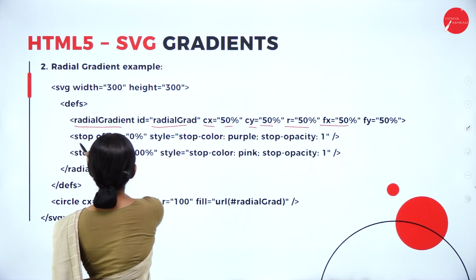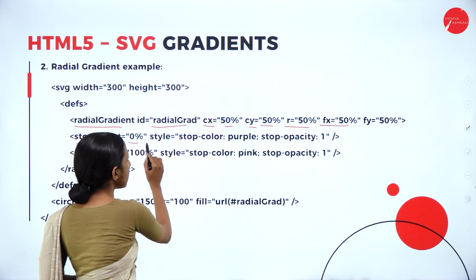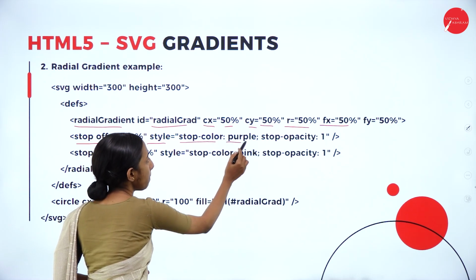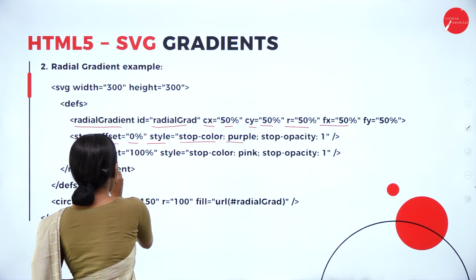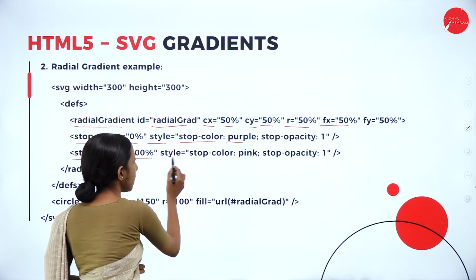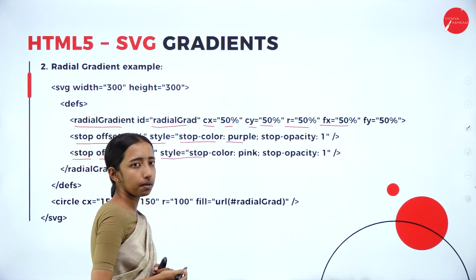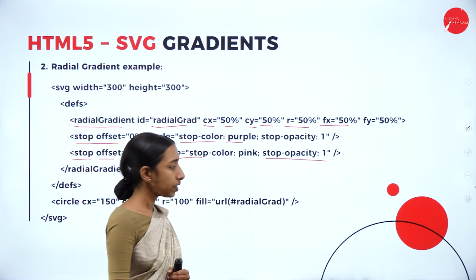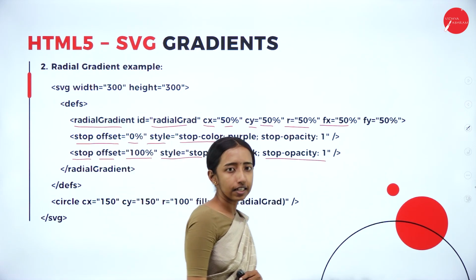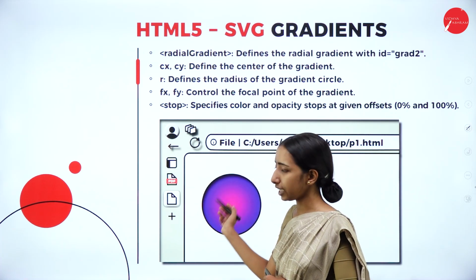Next, here the stop offset is 0. The style is stop color purple and stop opacity is 1, and here also the stop offset is 100% and the style is stop color pink, and here I have given the opacity 1. And next you can see the example of how it looks.